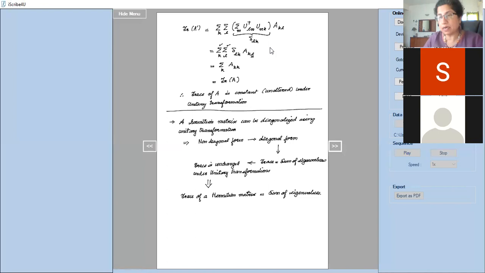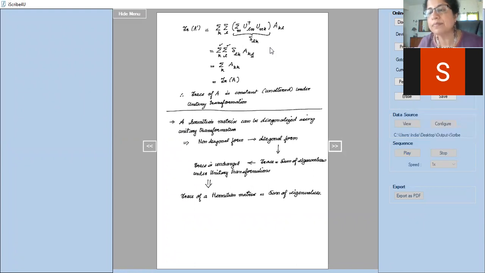It does not matter whether it is in diagonal form or non-diagonal form, it is always the sum of the eigenvalues. Is this clear to everybody? Has everybody understood? Yes or no? Yes, ma'am.